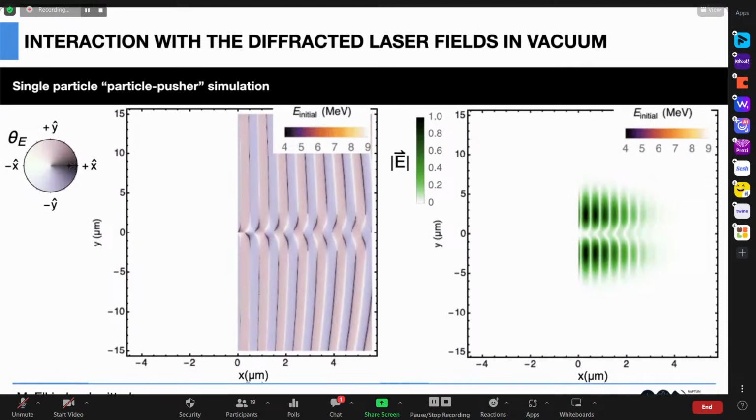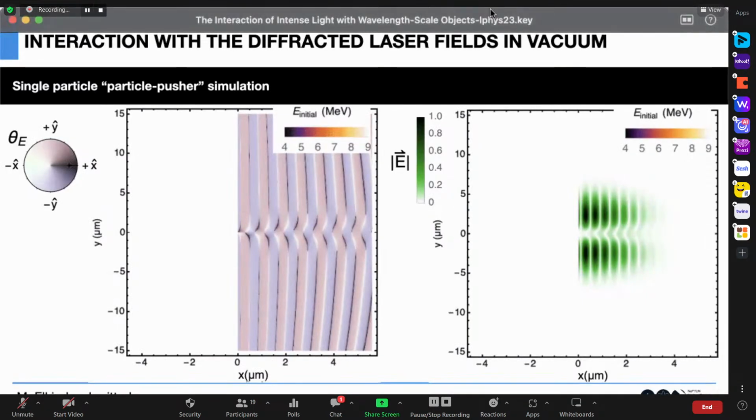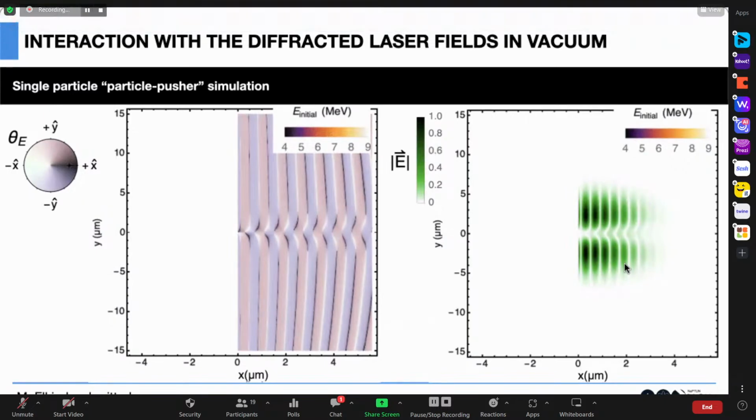So an optical cycle here would be, it's easier to see on the intensity, on the electric field strength, on the green scale. An optical cycle here would be something like, it's 800 nanometers. So an optical cycle here goes from white through black and again to white.